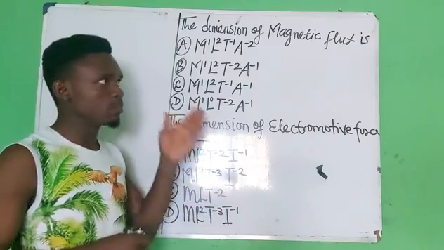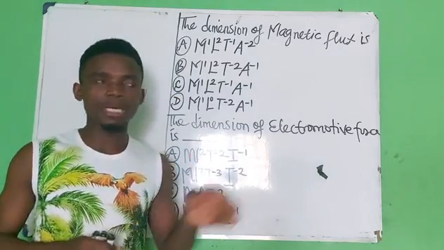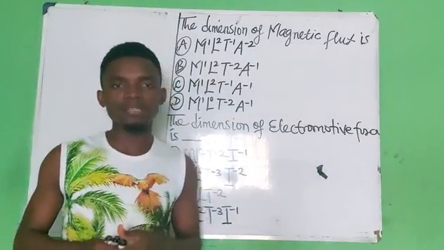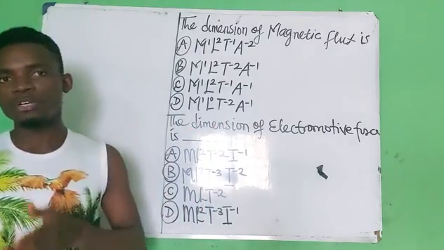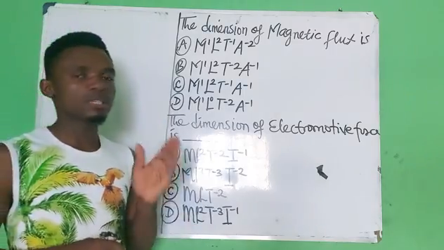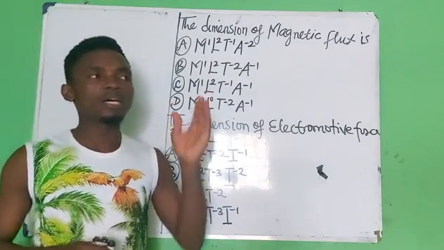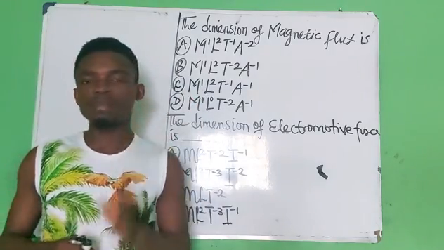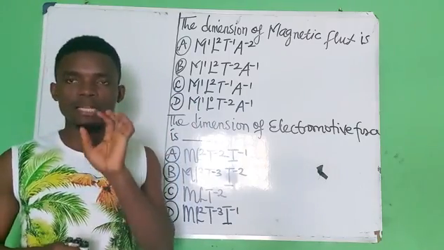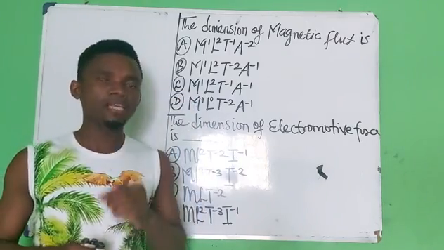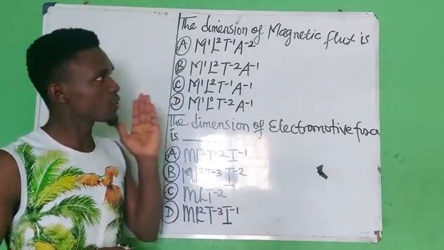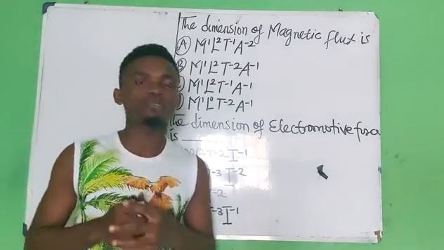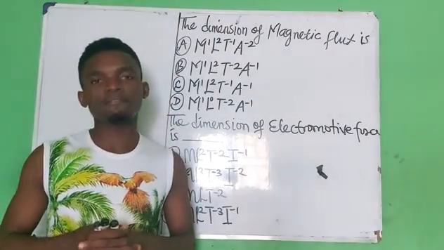And I also gave you that mass is measured in kilogram, length is measured in meters, time is measured in seconds, temperature is measured in Kelvin, luminous intensity is measured in candela, quantity of substance is measured in moles, that is moles, small letter n. Then current is measured in ampere. And I also gave us some examples of derived quantities and their formulas.